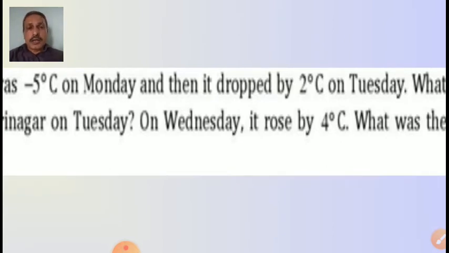Students, read the question carefully, try to understand what things they have given us and what things they want to ask. Suppose there is -5, 2 degrees more downside, that means -7 degrees temperature on Tuesday. Dropped down, not raised up.